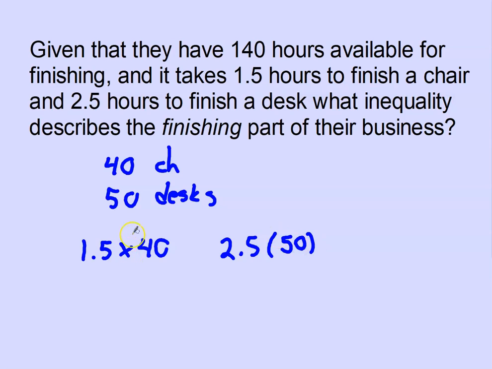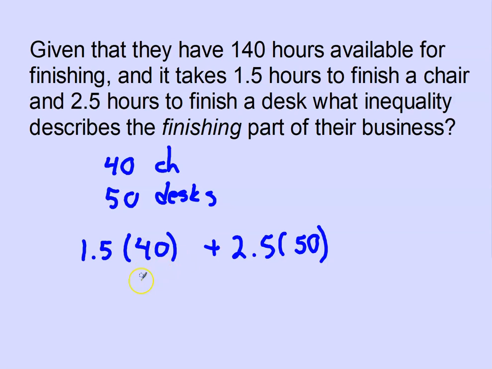Let me be consistent here and put this in a set of parentheses. So what are these two amounts, 1.5 times 40 and 2.5 times 50? And when I add those together, does that go over 140? Because that's how many hours I had available. Okay, well, yes, it does.